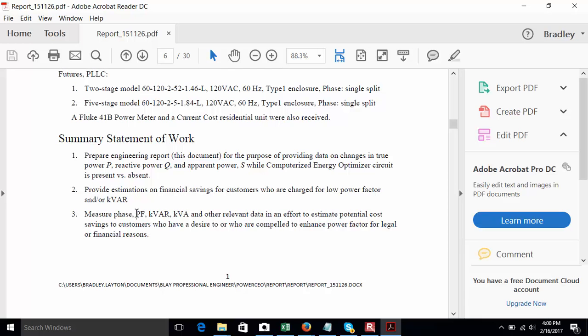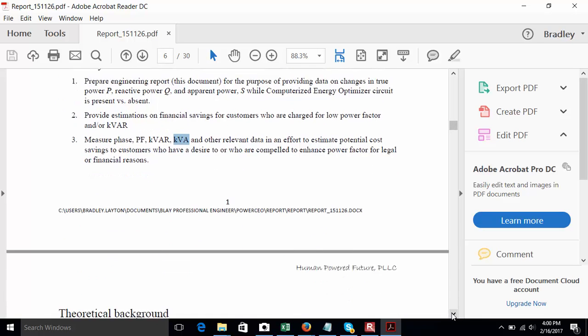Here's power factor, which we're going to measure and state. Here's the kVAR, or the reactive power, and here's kVA, which is kilovolt amps. It's kilowatts, but it's apparent kilowatts. I'll explain exactly what I mean by that in a second.